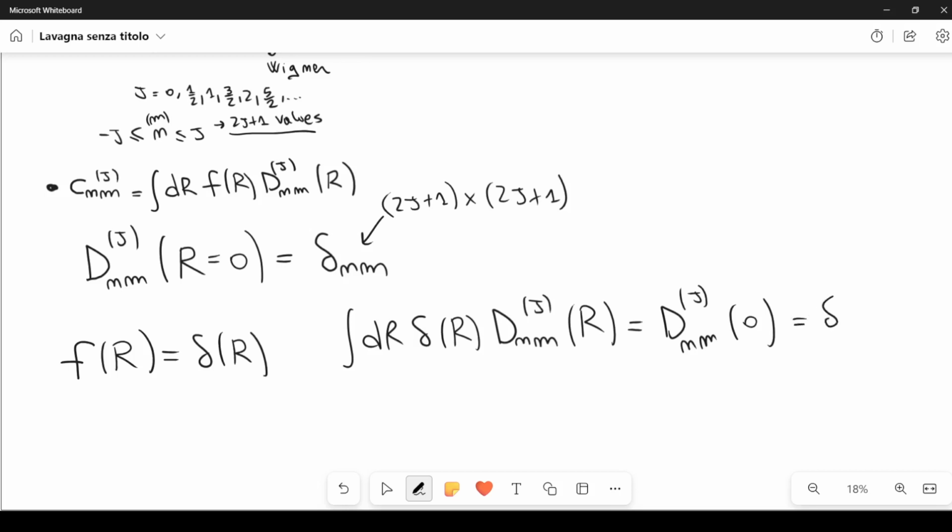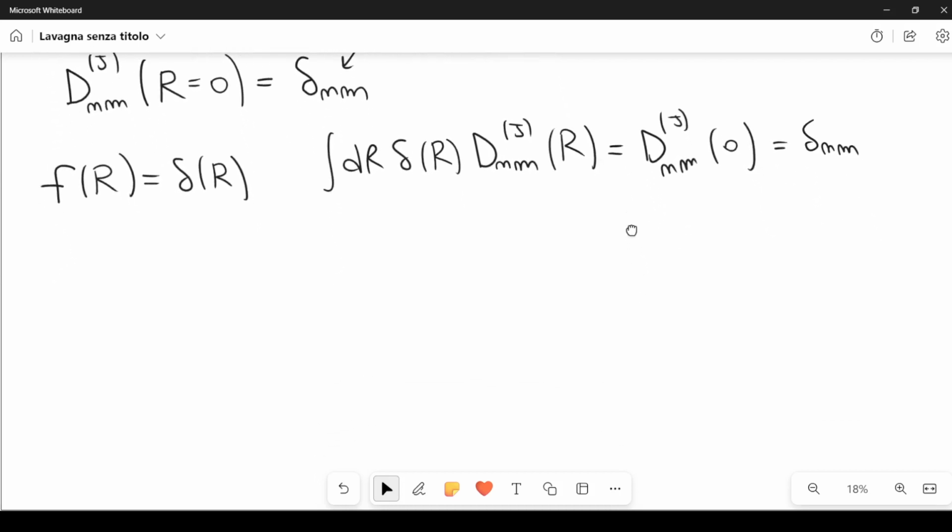And this is equal to delta nm, which in principle also depends on j, if you recall, because n and m can take 2j plus 1 values. So this implicitly depends on j.